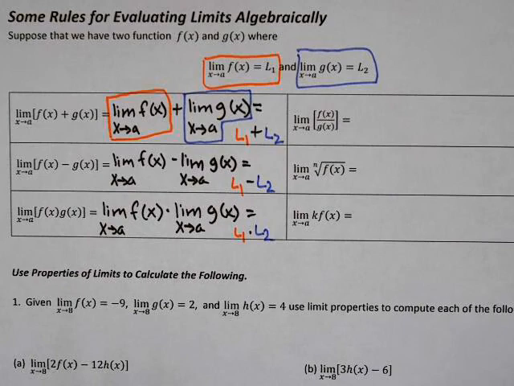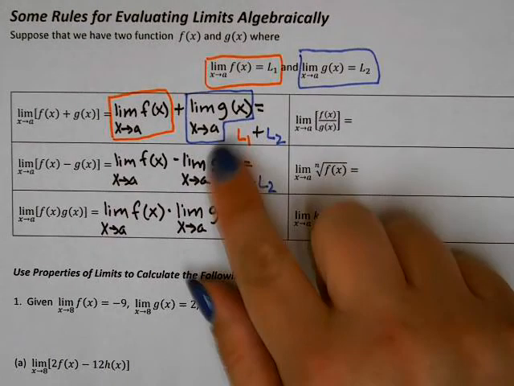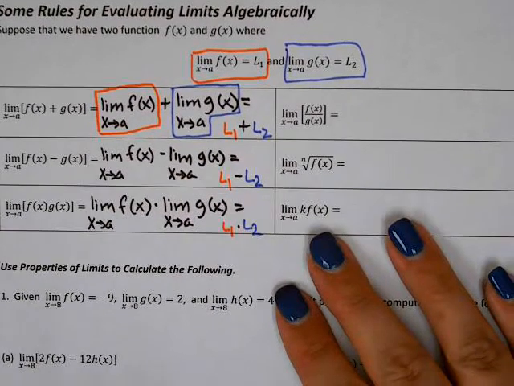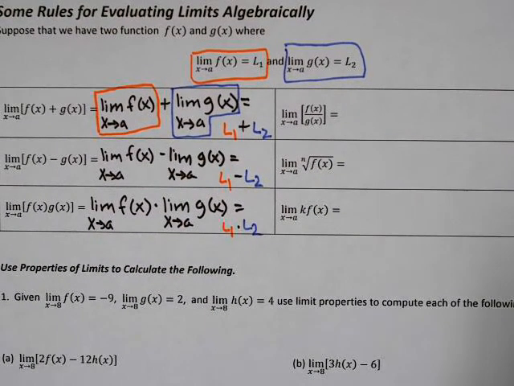You're not going to have to worry so much about these notations necessarily, but when we get to these examples, this will make a little bit more sense. So I know I'm kind of racing through this, but bear with me.